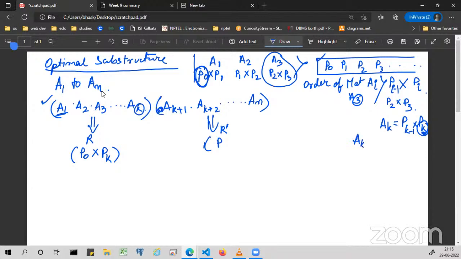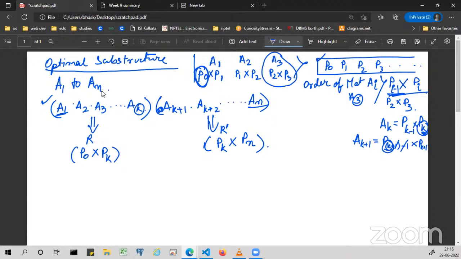Apply the same logic: the formula gives P of K plus 1 minus 1, which is P of K, cross P of N. So this R dash would be P of K into P of N. Fine, so these are the two matrices R and R dash that I got.